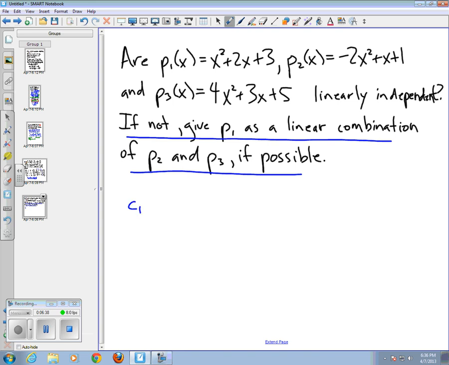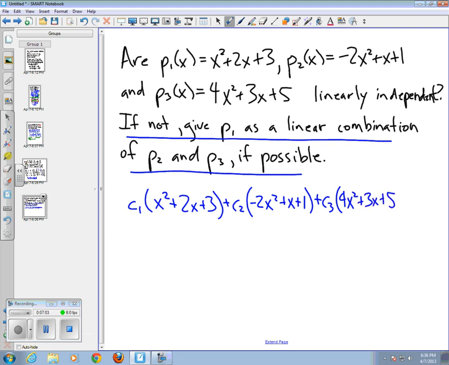Okay, so to determine whether those polynomials are independent, we set up this vector equation, or really it's a polynomial equation. And when we group like terms, what we see is that C1 minus 2C2 plus 4C3 times x squared.